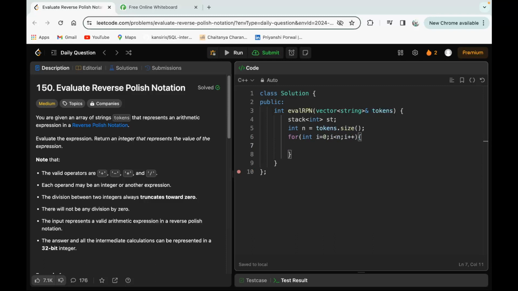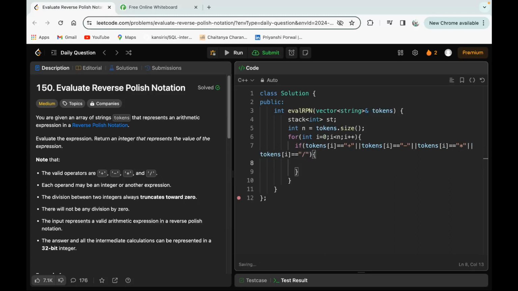Now there will be two distinctions. Either tokens of i is a number or an operator. So for an operator, I can handle that explicitly. So I will check if tokens of i is equal to plus, or if it's equal to minus, or if it is equal to multiplication, or tokens of i is equal to division, right?